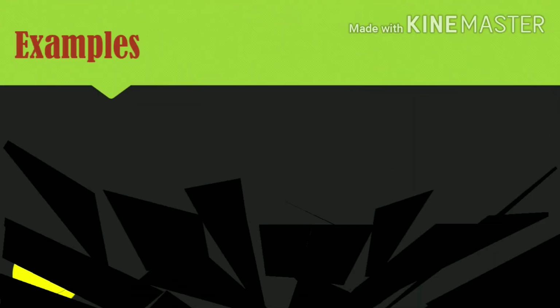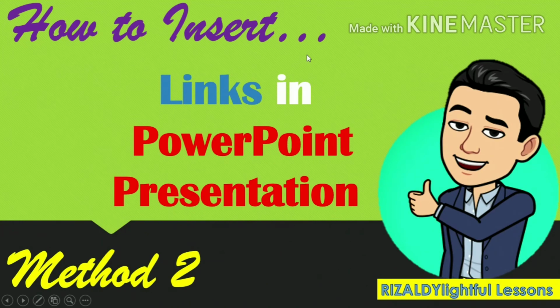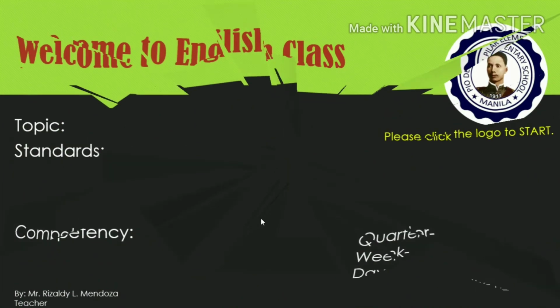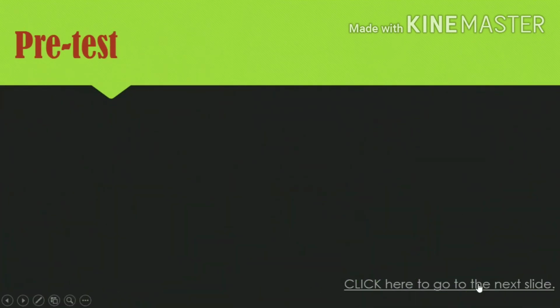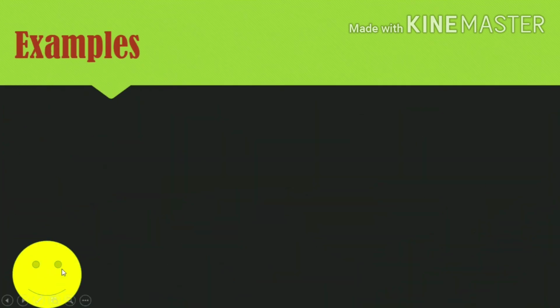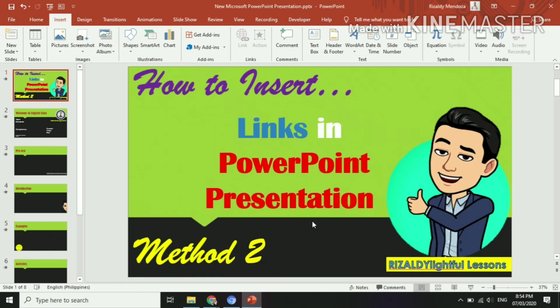Then let's try. So once they click this one, it will go to the home page because I used the first one. Then once I click that, there, because I chose.